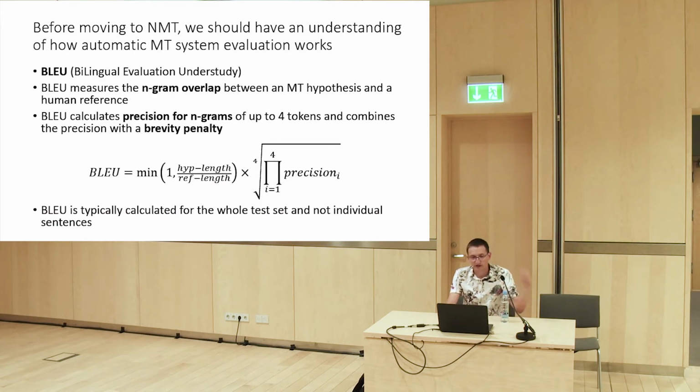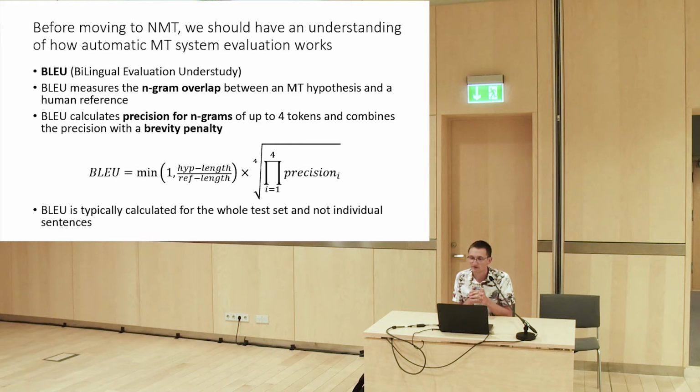So before we dive into neural machine translation, I also want to spend a minute or two on how we evaluate machine translation systems, because further in the slides I'll have graphs that have scores.